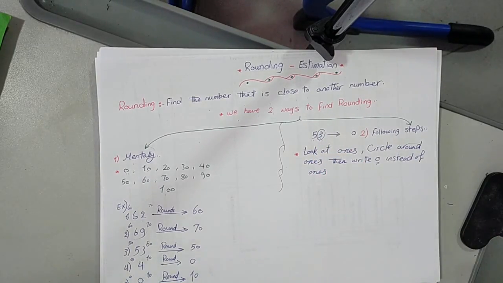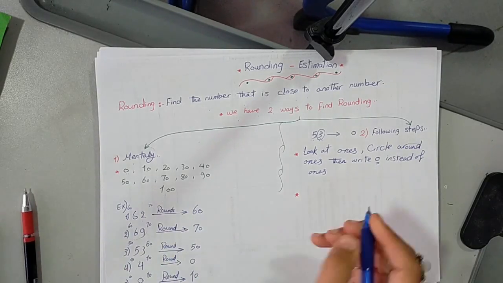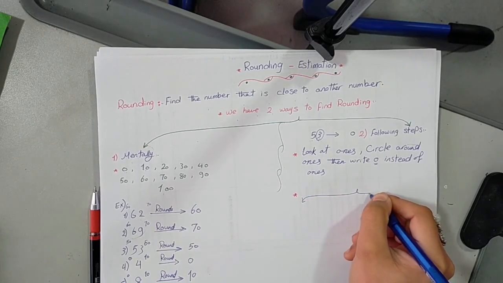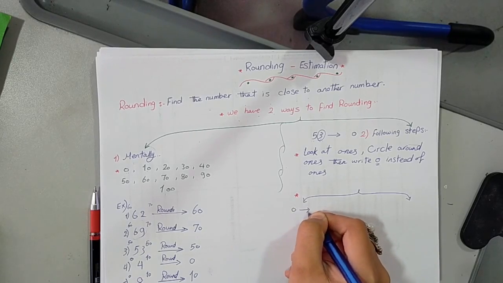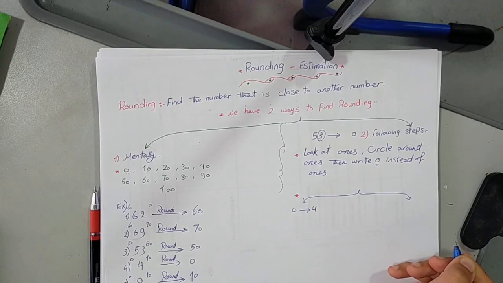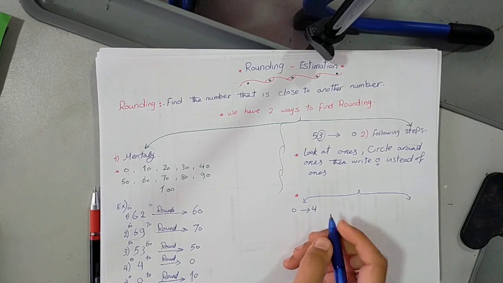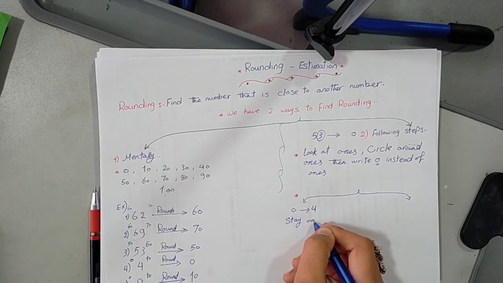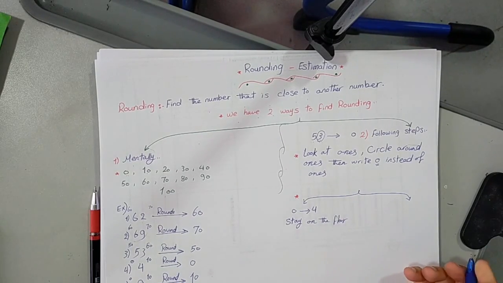Okay? The second step: if the ones is any number from 0 to 4, stay on the floor. Yes, 0 to 4, stay on the floor. What do they mean with stay on the floor?